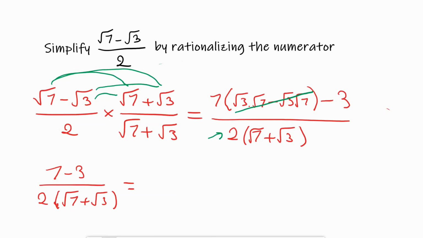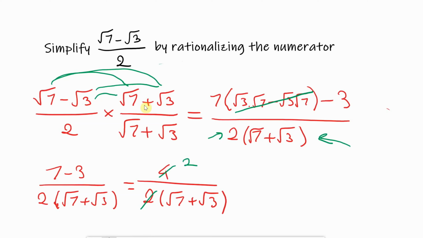So 7 minus 3 is 4 over 2 root 7 plus root 3. And like I said, these cancel out. So in most cases, if you see it like this, just leave it in this form and then you'll see what you get. So our answer is basically 2 over root 7 plus root 3.